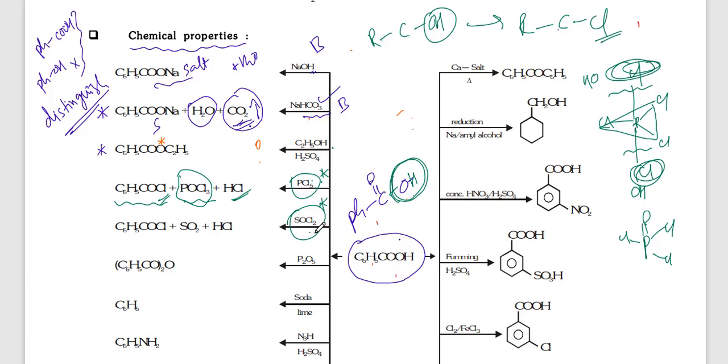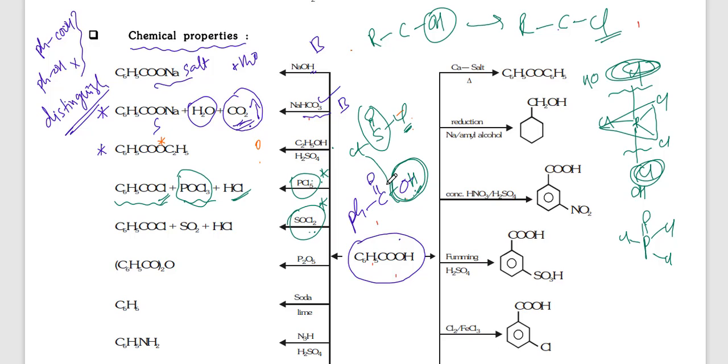Okay. Next SOCl2. SOCl2 is also the same. So I am taking SOCl2 here. This hydrogen and chlorine are removed as HCl. This SO and oxygen are released as SO2.